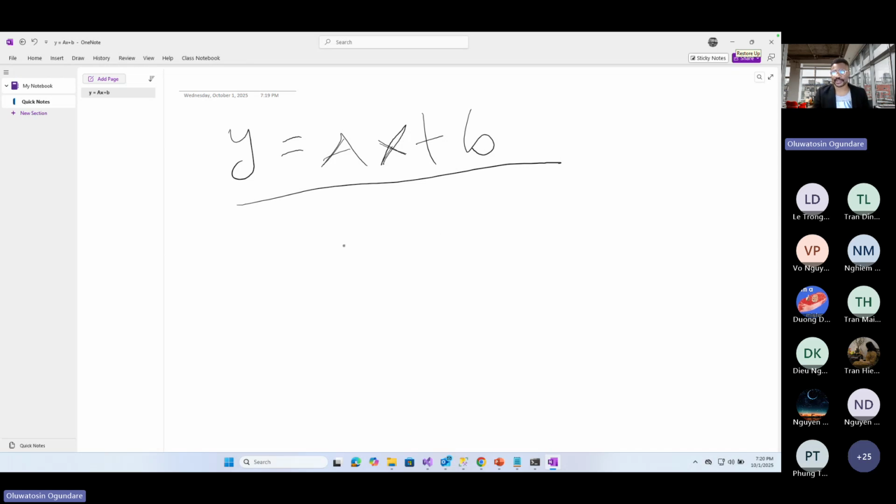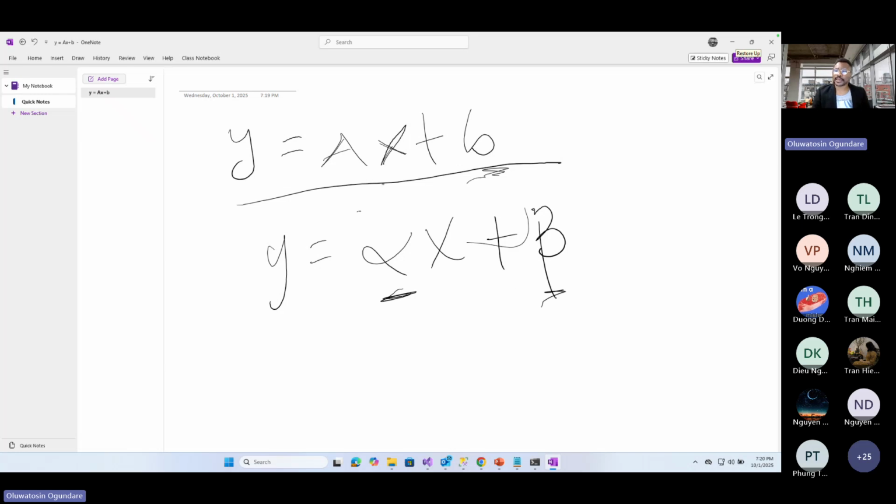I could say y equals alpha x plus beta. Does this change the meaning of what you said before, Atran? No. It doesn't change the meaning. I replaced A with alpha, and I replaced B with beta.